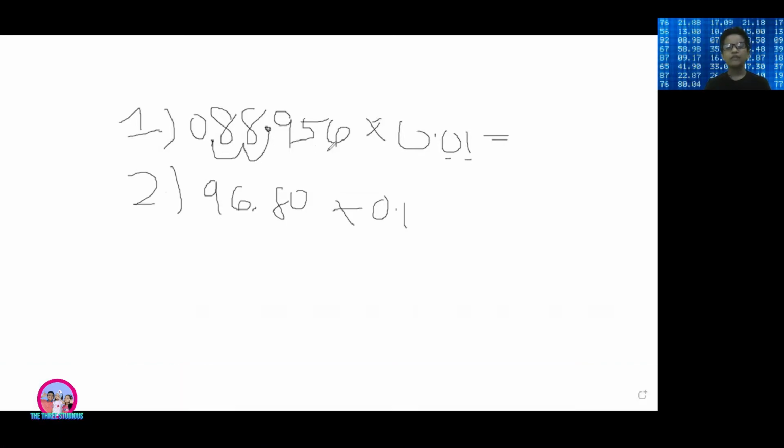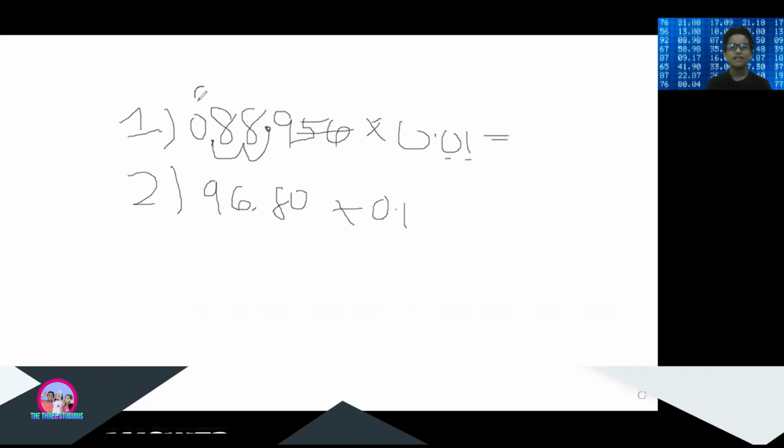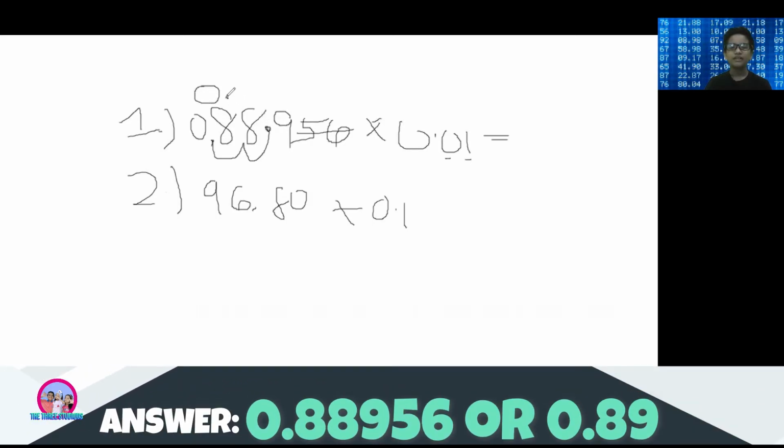We will round off this answer to the nearest two decimal places, so it will become short. Let us remove 5 and 6. So we will look at this number 9. Since it is number 9, we will add 1 to this number 8. So it will become 0.89.